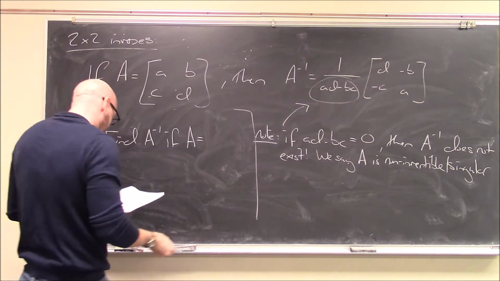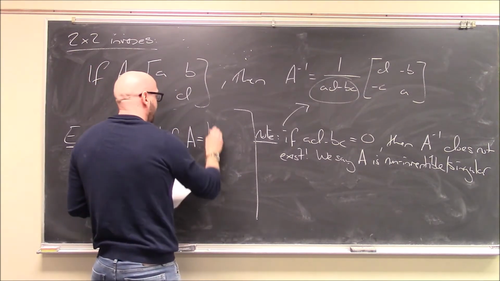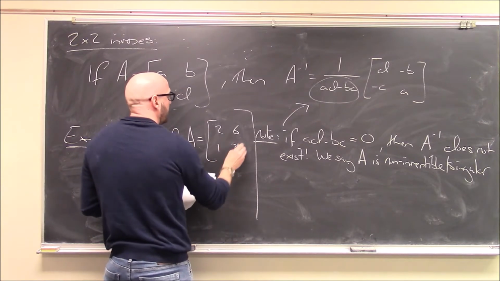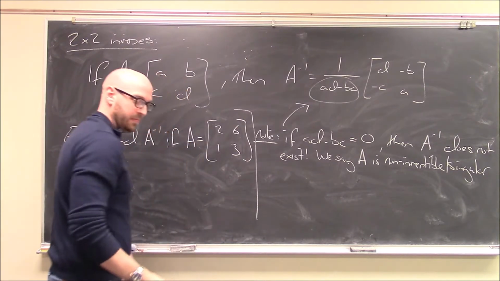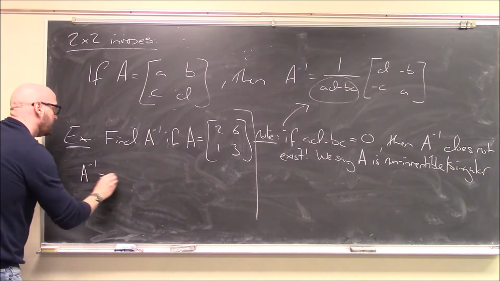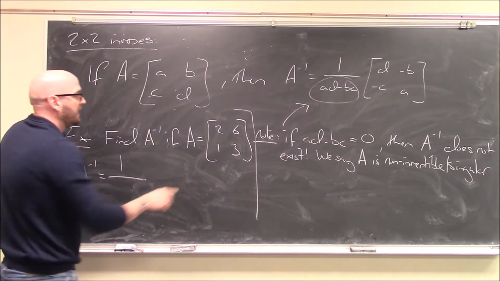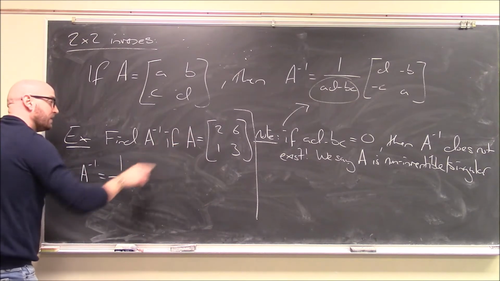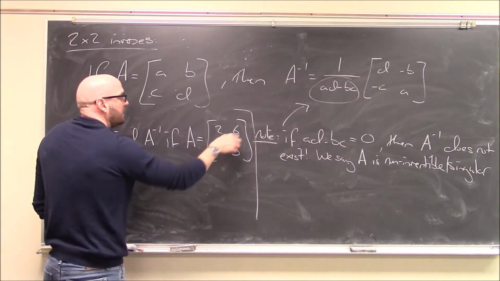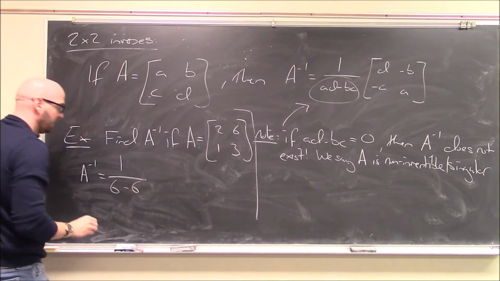So find A inverse if A is 2, 6, 1, 3. Okay, so same thing. We'll compute A inverse is going to be 1 over AD minus BC. 2 times 3 is 6, minus 6 times 1 is 6.